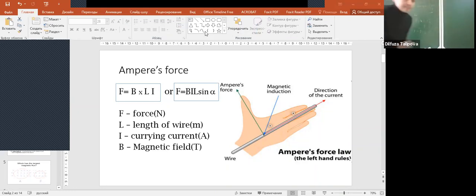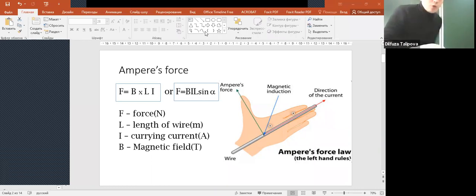So what about I? I is the current carried along the wire, and the unit of current is ampere.